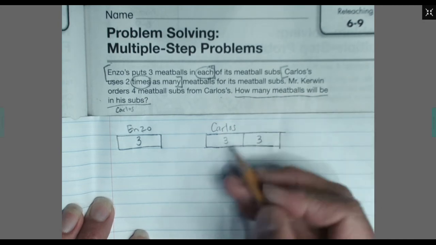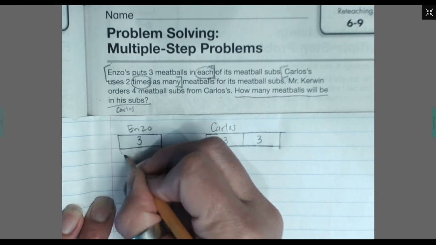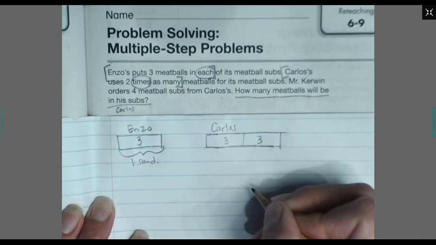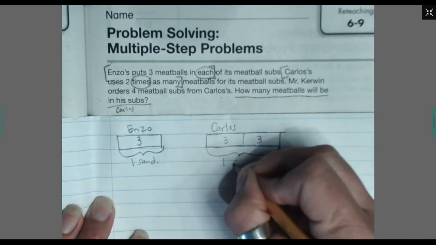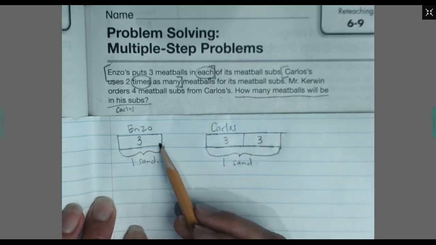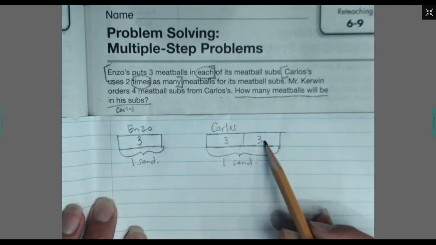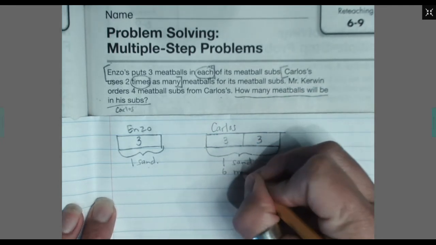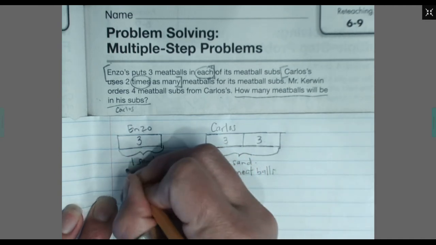So this is Carlos's sandwich, that's his one sandwich. So Enzo has 3 meatballs in his one sandwich, and Carlos has twice as many as Enzo, which means he would have a total of 6 meatballs in one sandwich. And that was 3 meatballs for Enzo.